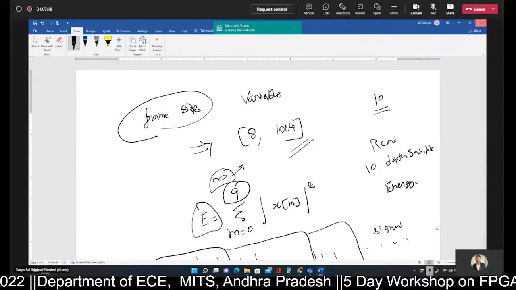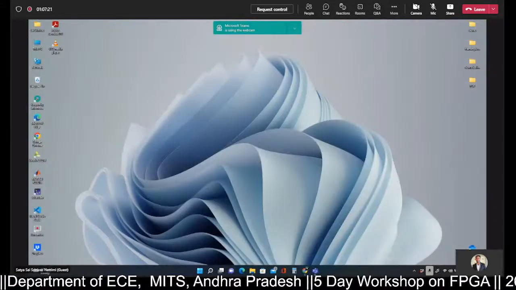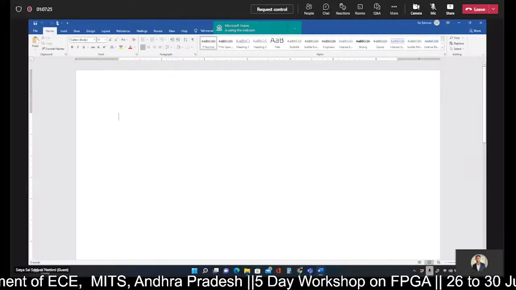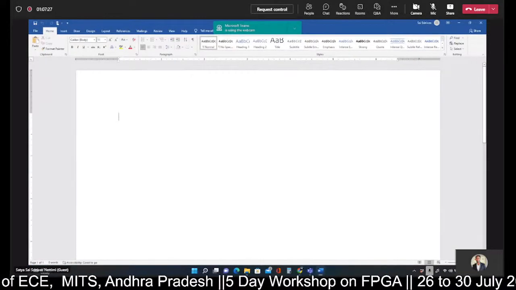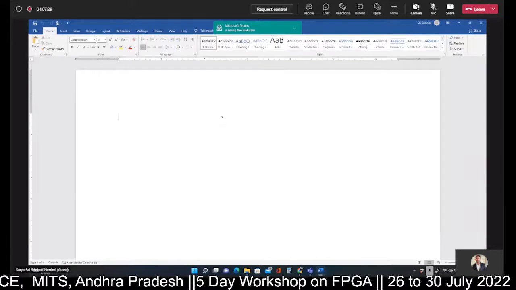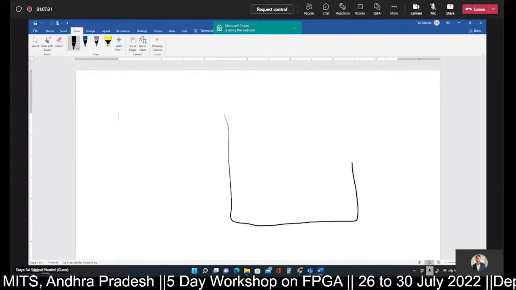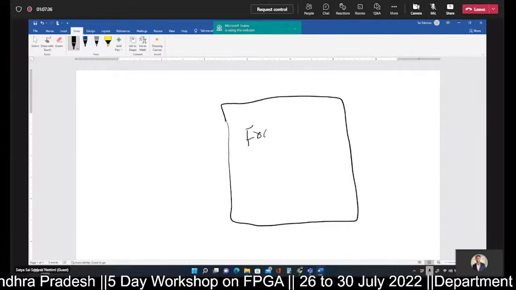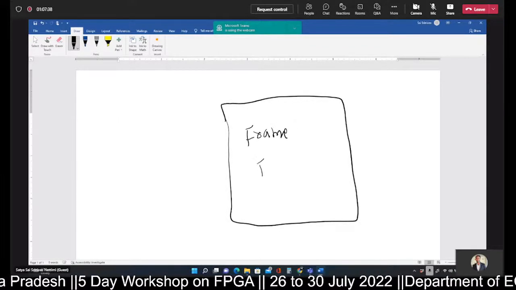I think this much theory is sufficient for us as of now in order to proceed. So how does our actual module look? A rough diagram: we are going to design a black box to compute frame energy.